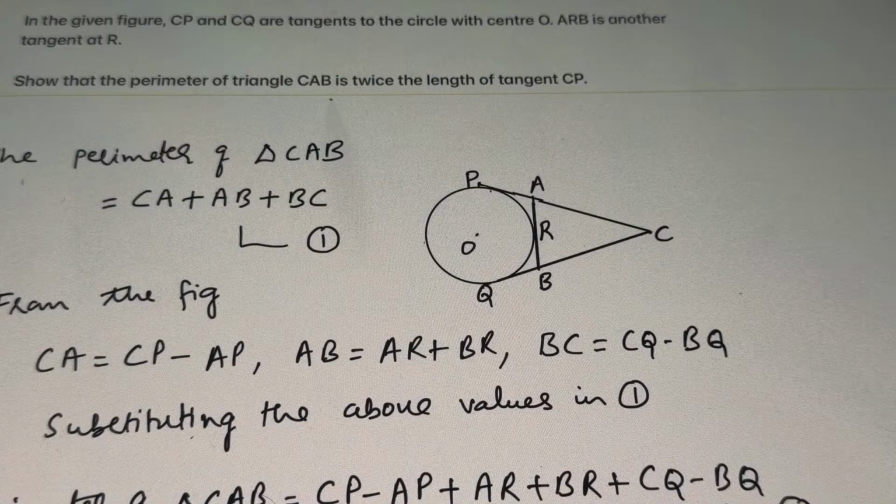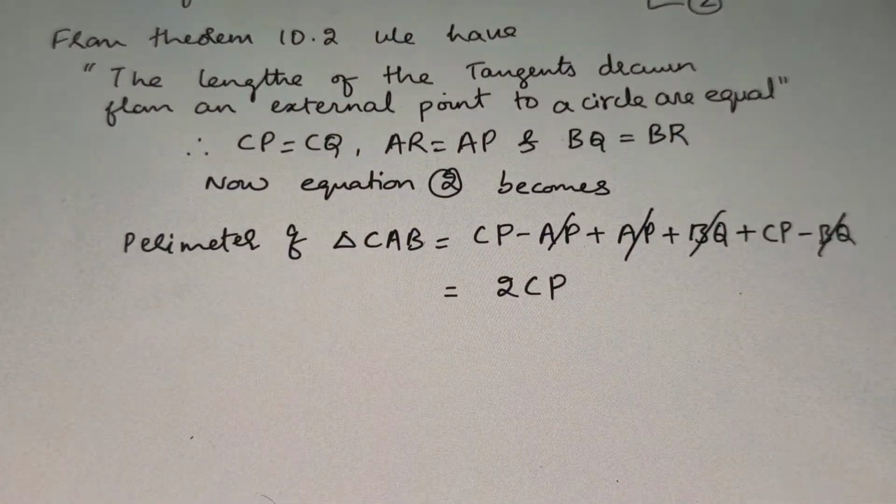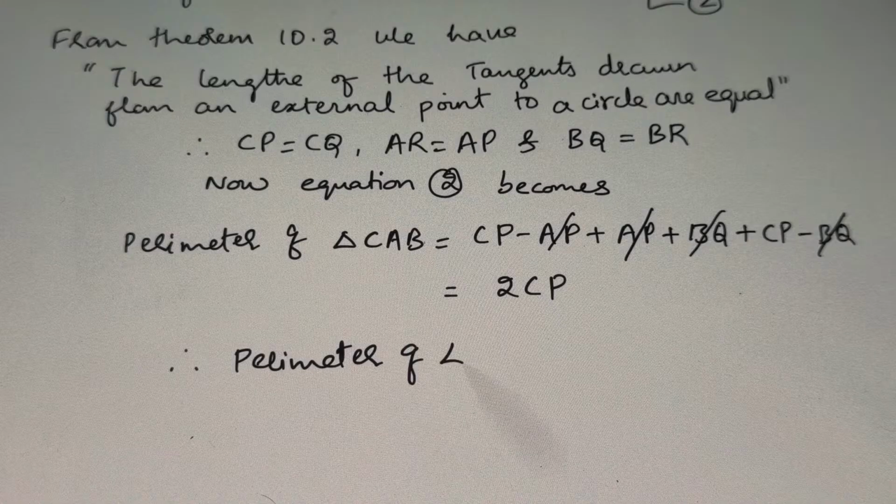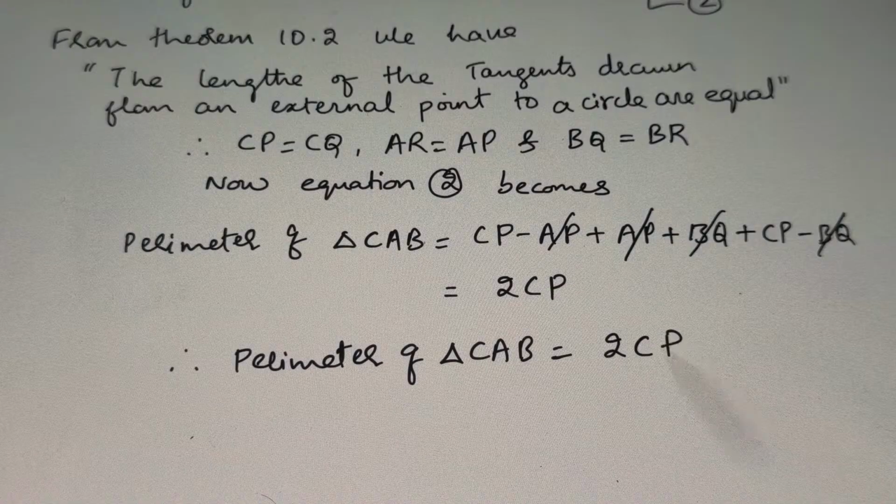So this is the required answer. The perimeter of triangle CAB is twice the length of tangent CP. So therefore we have proved the given condition.